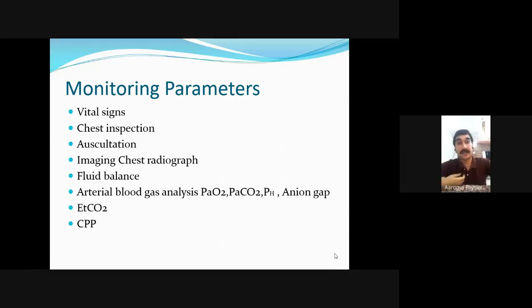And when you see a chest radiograph, which is mandatory for a mechanically ventilated patient, you can cross-check your auscultation finding with that of the radiograph. And you can come to know the exact location where you need to treat. How is the lung? Is there any collapse, or is there a patch of pneumonia, or whatever your findings are in the chest radiograph.